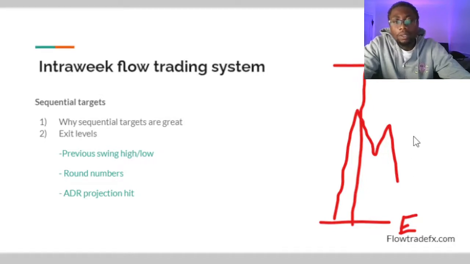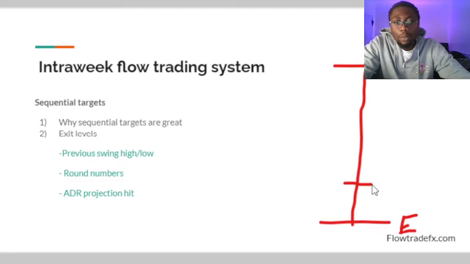All these scenarios are quite common, and this is exactly where we're going to be using the sequential profit targets: to exit a significant portion of your trade here, another portion of your trade here, another portion here, and finally the last bit of your trade right here.